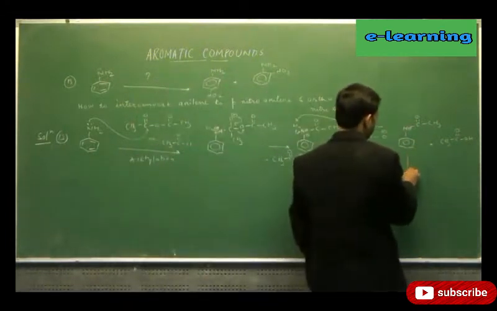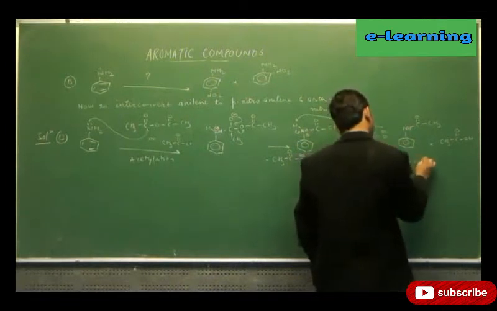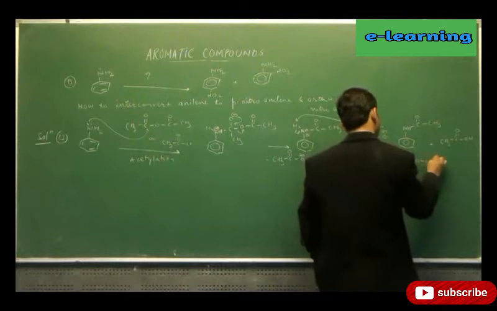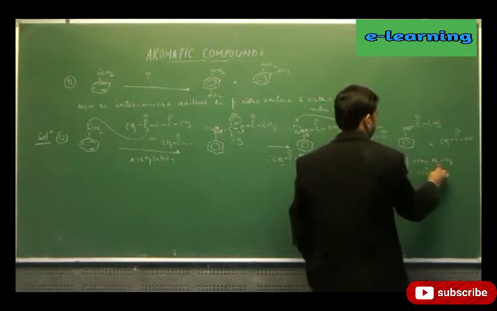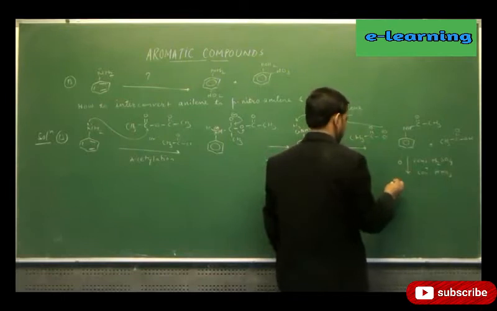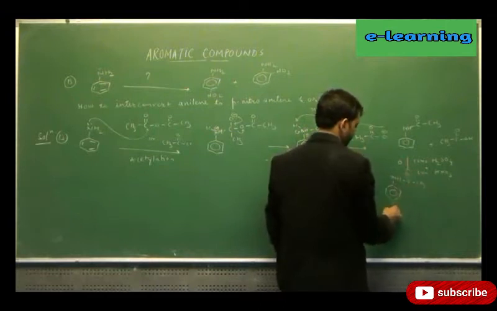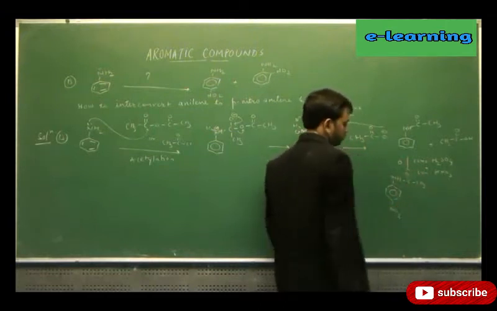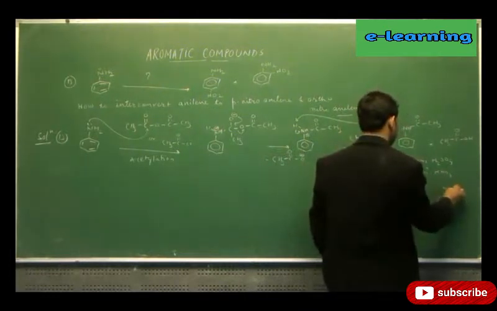Before hydrolysis we have to go for nitration, that is concentrated HNO3 and concentrated H2SO4. It gives ortho-para product, NHCOCH3, para-nitro and ortho-nitro product.